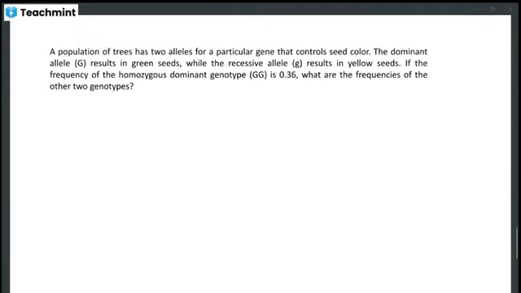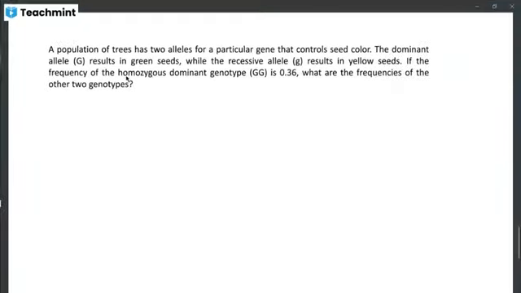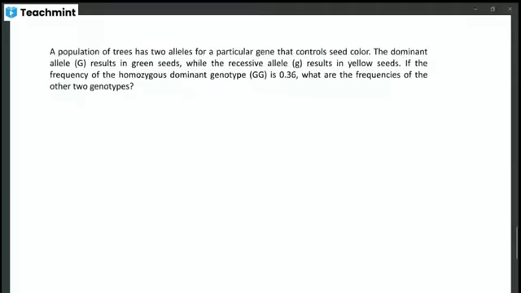Someone just wrote 0.64. So explain to me how, what is 0.64? Just tell me. How would you calculate? How would you conclude 0.64? 0.16, someone told 0.16. Okay, so you guys please explain, or you can also type it in the chat box. 0.48 for heterozygotes, right?